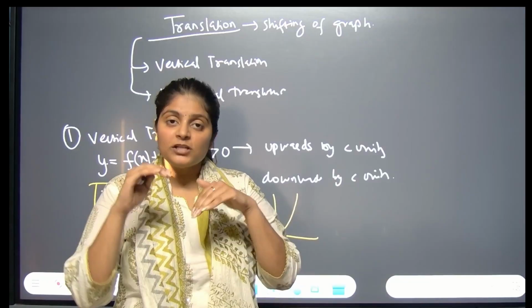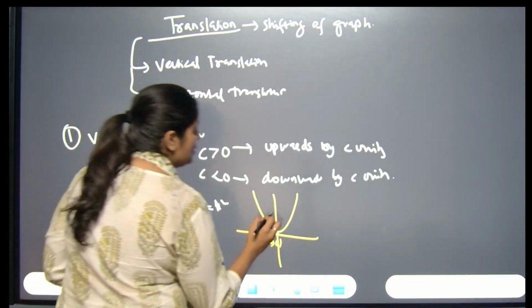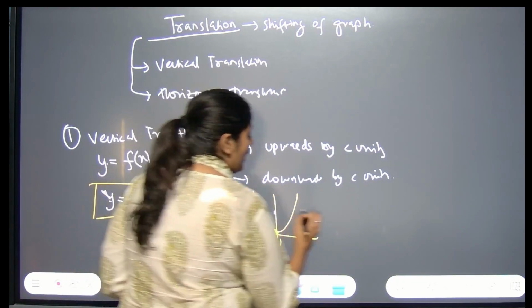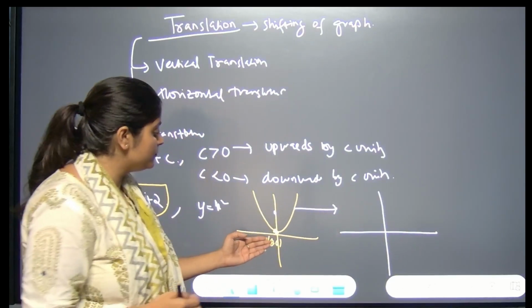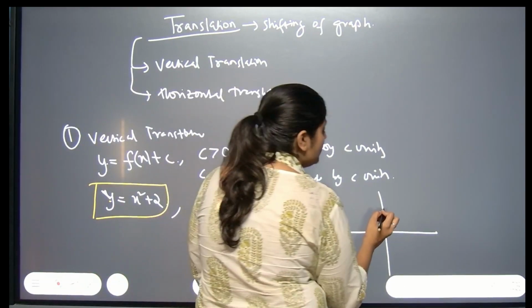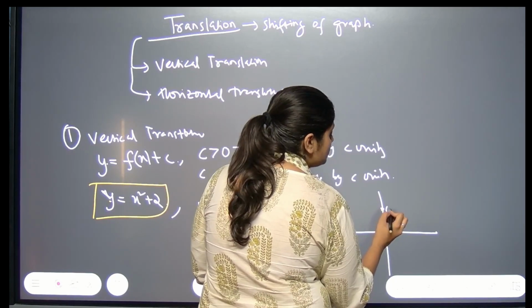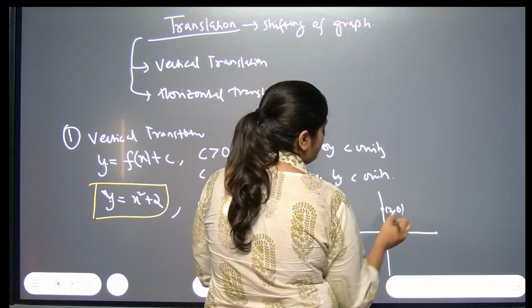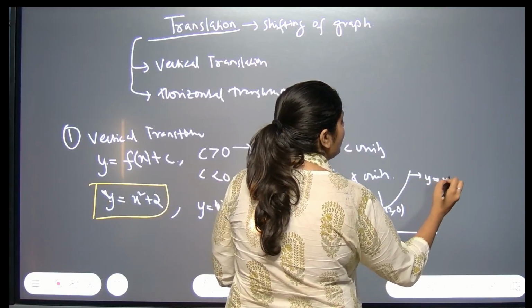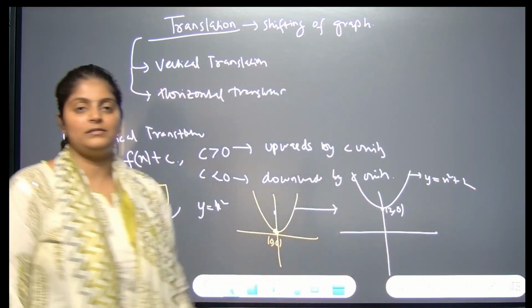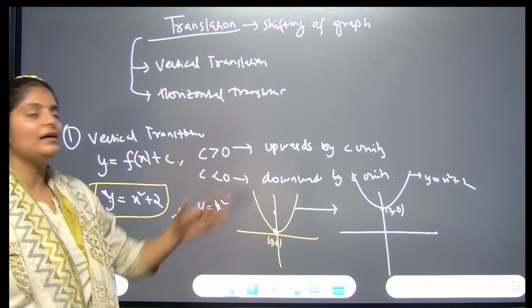The graph shifts upward by 2 units, and the new vertex would become (0, 2). The graph of y equals x squared plus 2 would become this. Right? This is vertical translation.